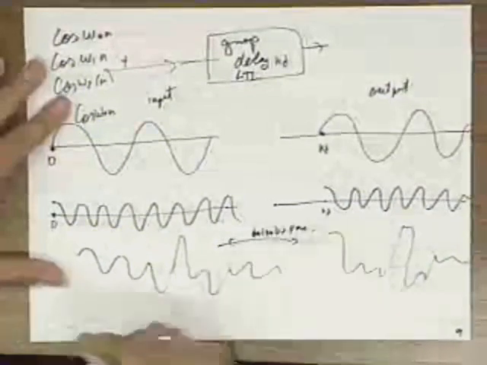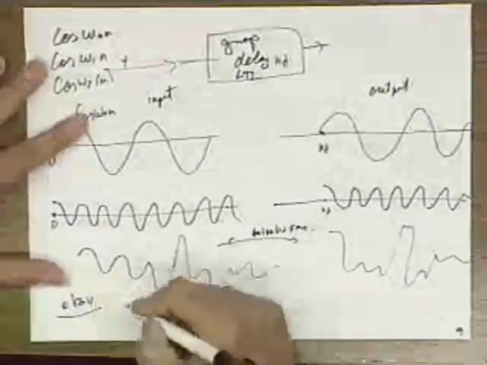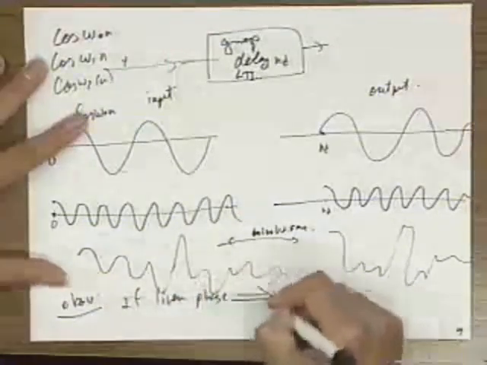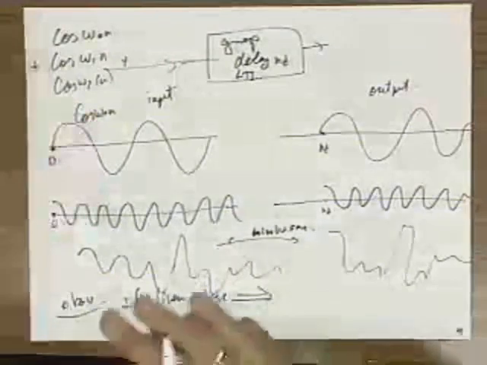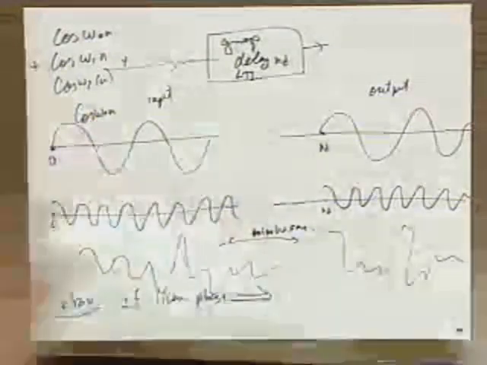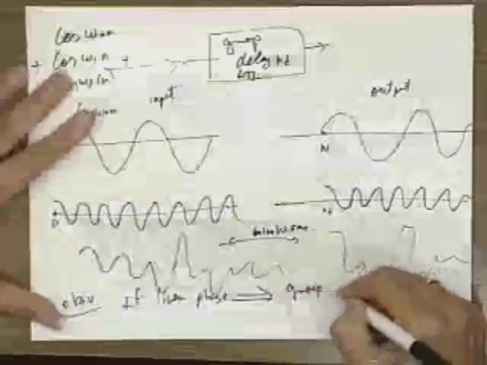Okay? So the conclusion here, the observation, is that if I have linear phase, when I take the derivative of linear phase, I get a constant group delay.